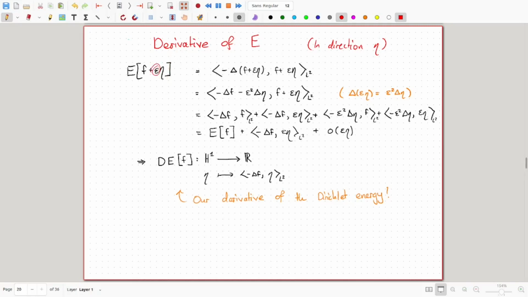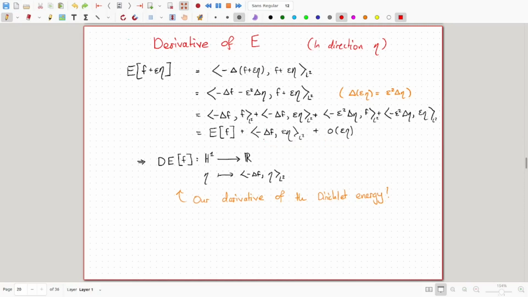Epsilon you can assume to be something small. If we expand this out, using some properties of the Laplacian and the bilinearity of inner products, eventually we get an expression where the left-hand side is equal to the energy of f plus this inner product here plus some remainder term.